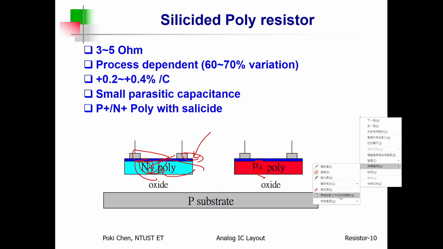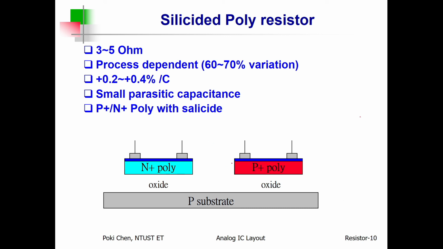Maybe you will be so curious why we have such kind of N plus poly or P plus poly. Very simple. In NMOS region, I told you from the very beginning, in chapter 2, right? I told you we need to fabricate polygate first because it needs to protect the underneath channel, right? So after you fabricate polygate, then you can diffuse or implant your source and drain, right?